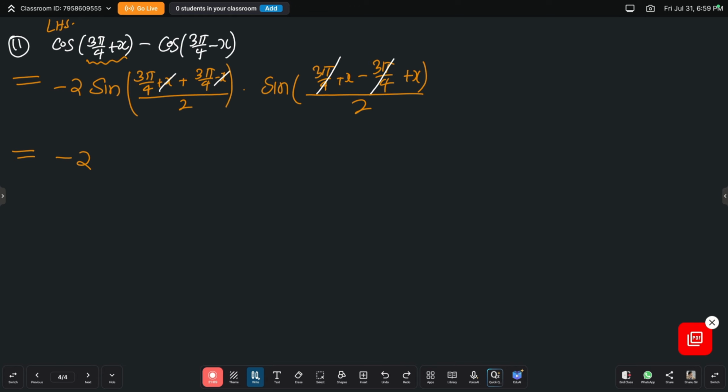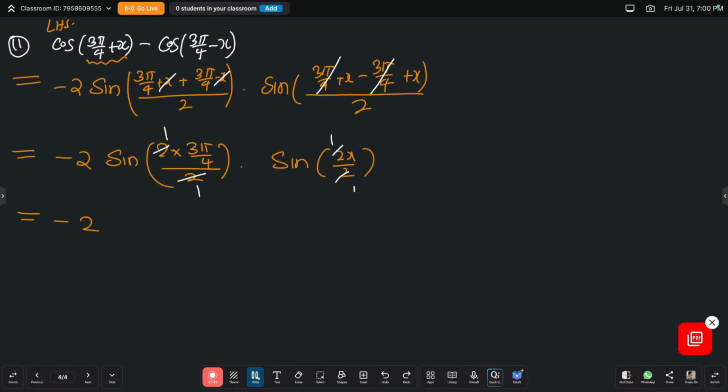Minus 2 sin. Now tell me, 3 pi by 4 upon 2: it is 2 times 3 pi by 4, upon 2. And here sin x, 2x upon 2. Then this 2 and this 2 cancel. What is the answer here?